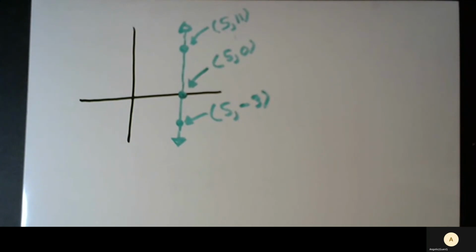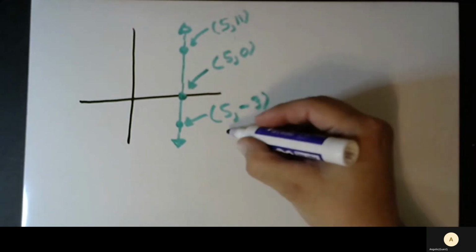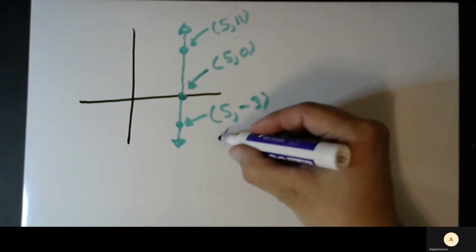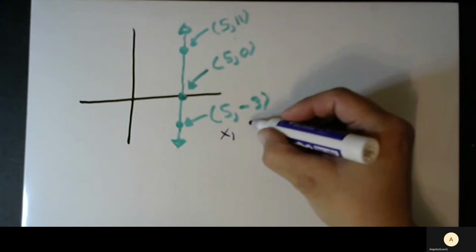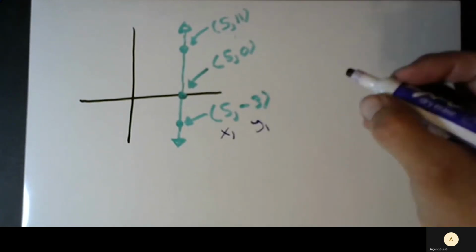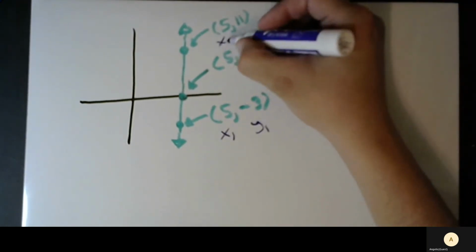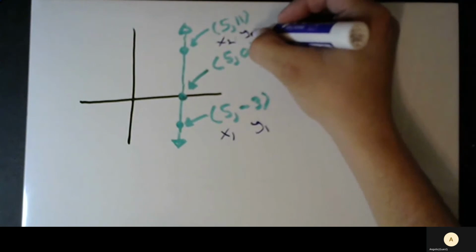So let's say we try to calculate the slope of this vertical line. If x1, y1, and let's say we use this one, x2, y2.